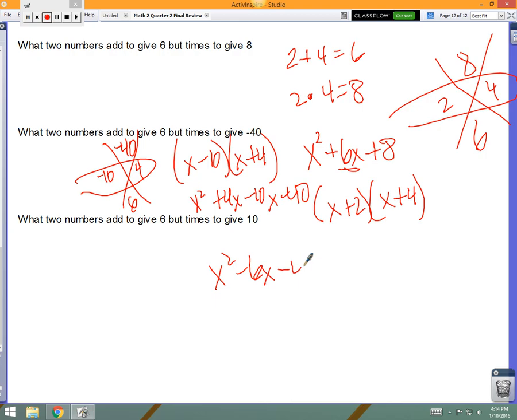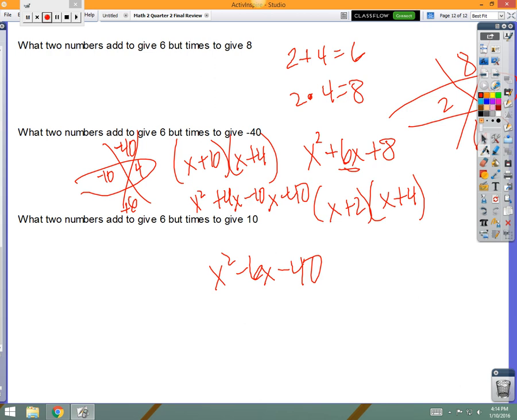They times to give you a minus 40. Okay, we need to add and get a positive 6. But right now how we have it, those two will add and give you negative 6. So they got to add and be positive. You got to have more positives. So the 10's got to be positive. The 4 has got to be negative.